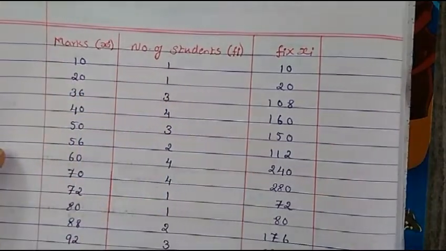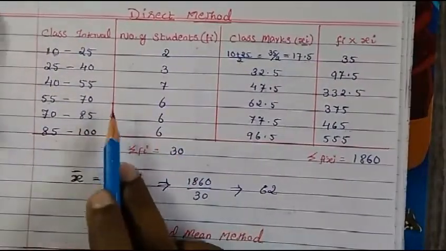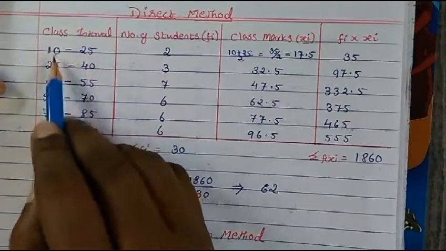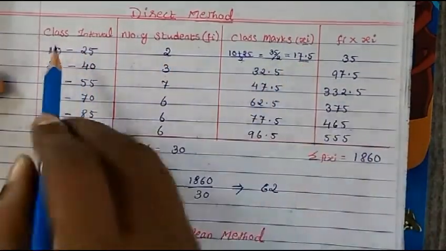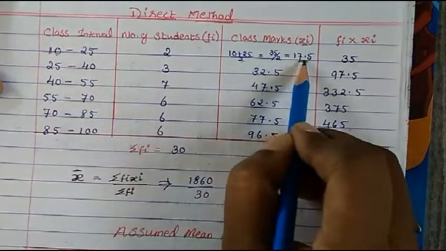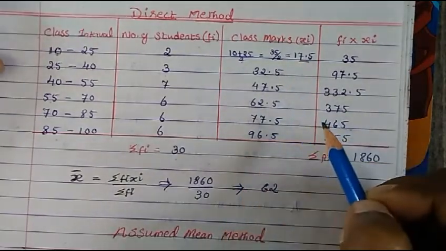But here, we have taken the average of this, between 10 to 25, how many students got. Then we have taken the average, 10 plus 25 divided by 2. Then we are getting this. So since we have taken the average, it makes the difference.